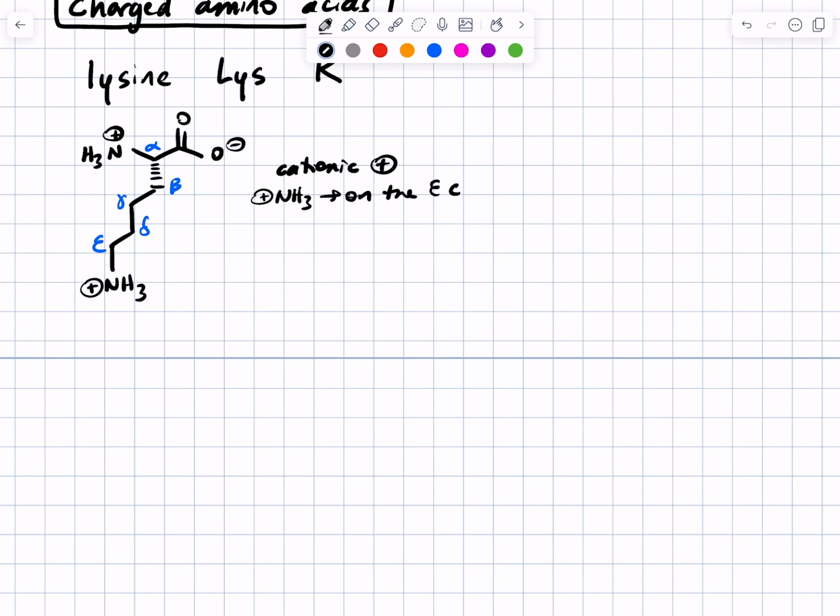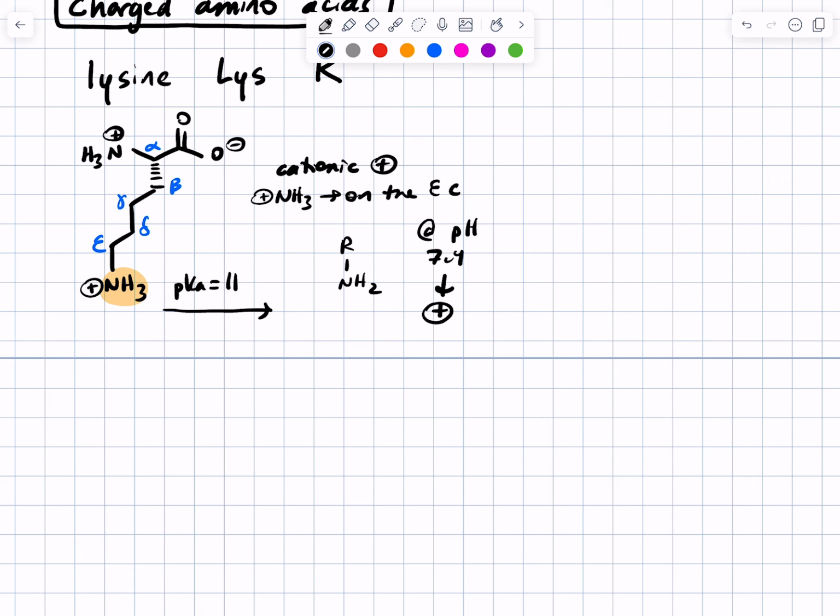And the pKa of this ammonium group, going from positively charged to neutral, is 11. So here's the neutral lysine side chain. At physiological pH, it's definitely going to be positively charged.